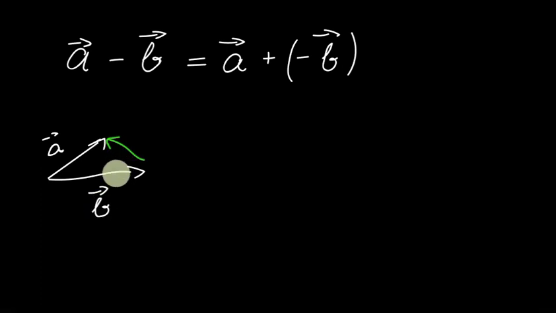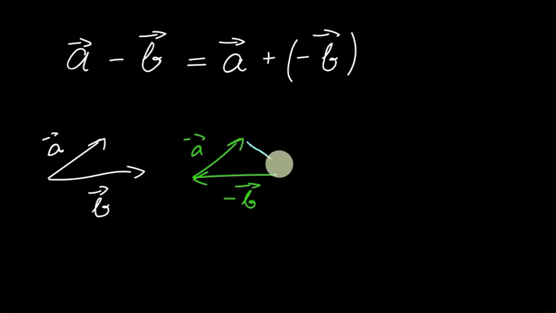But you can simply take our vector a and add vector negative b, and you would get exactly the same thing. Here would be vector c, as I said. I think that's easier to understand in the beginning.